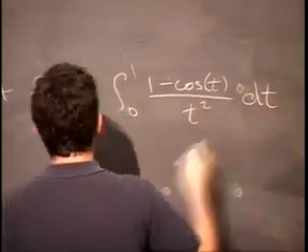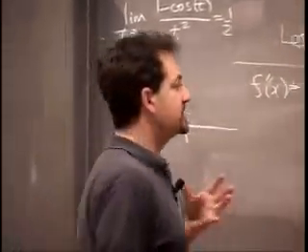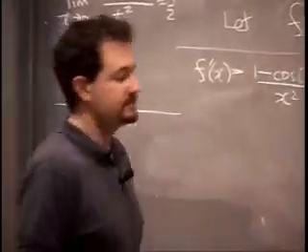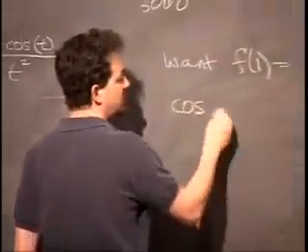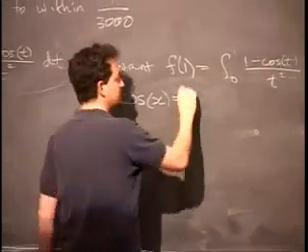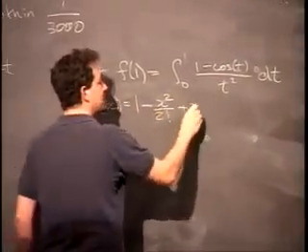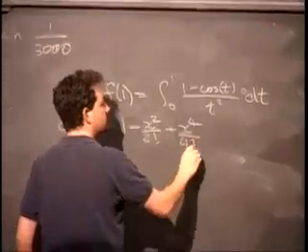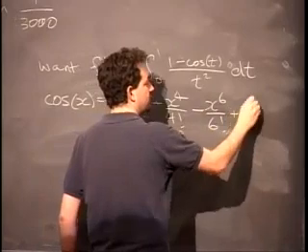Now, I'm going to jump the gun just a little bit. I'm going to give you a formula that's similar to the one for e to the x. And I'm going to tell you that cosine of x also has a series, and it looks like this: 1 minus x squared over 2 factorial plus x to the 4th over 4 factorial minus x to the 6th over 6 factorial, and so on.